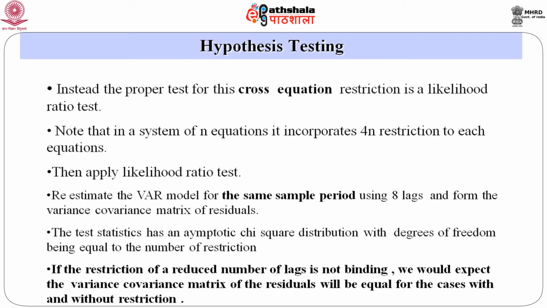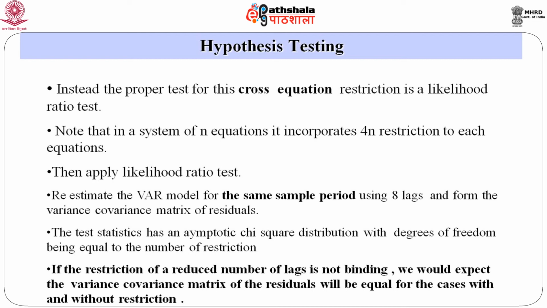The test statistic has an asymptotic chi-square distribution with degrees of freedom equal to the number of restrictions, and if the restriction of a reduced number of lags is not binding, we would expect the variance covariance matrix of the residuals to be the same with and without restriction.